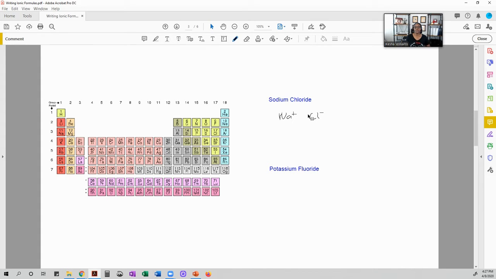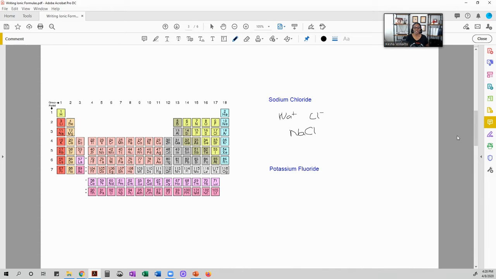So if I have one overall charge of positive 1 and the other one having an overall charge of negative 1, then plus 1 plus negative 1 equals 0. It balances. So this is already balanced. We can combine these without making any other changes. And when we do that, we simply write the 1-to-1 ratio as sodium chloride, NaCl.